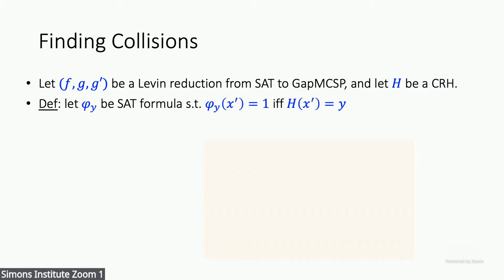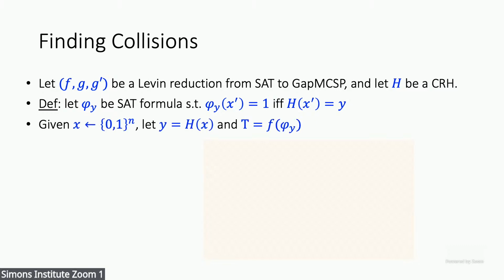For every y, I define phi_y, the SAT formula that on assignment x' outputs 1 if and only if h(x') equals y. So it's just implementing h with a circuit and encoding y into the circuit, such that the SAT formula outputs 1 if and only if h(x') equals y.